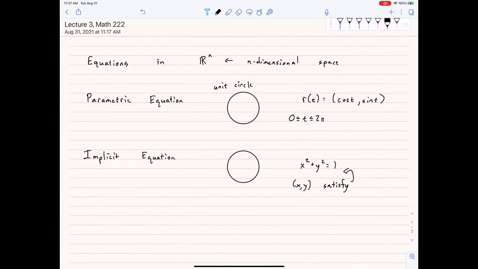Whereas for planes in three-dimensional space, the best thing and the easiest thing to write is an implicit equation. So they're really different kinds of equations, not just different equations, of course, but different types of equations that we're going to be looking at today.